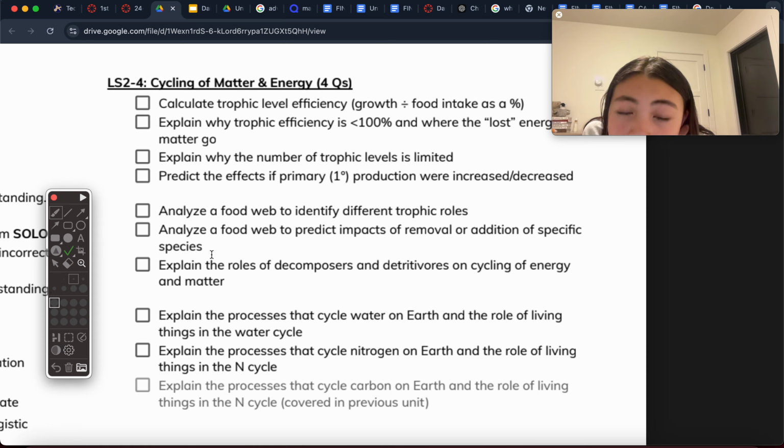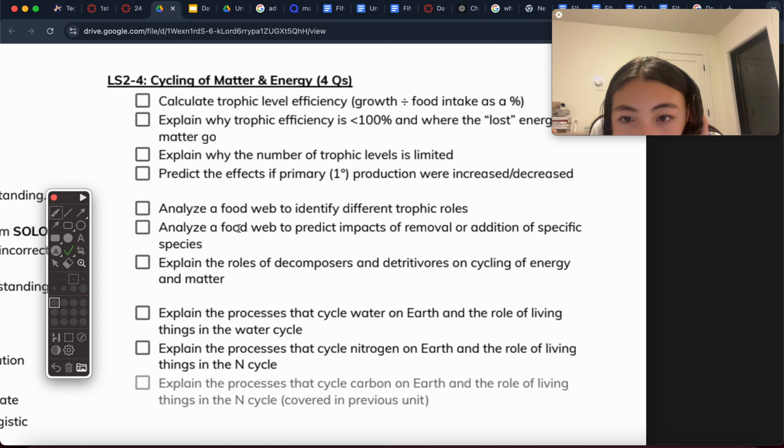There isn't enough plant food for the third consumers. So in evolution they developed to only eat meat because that's all that was really available. So that's probably what that was.